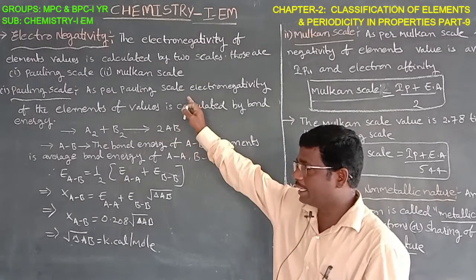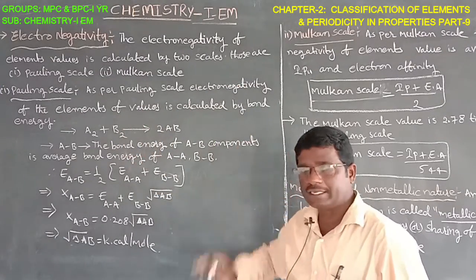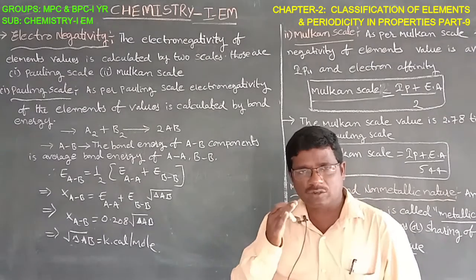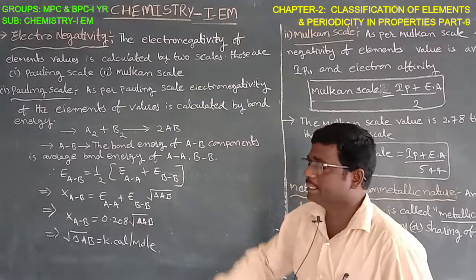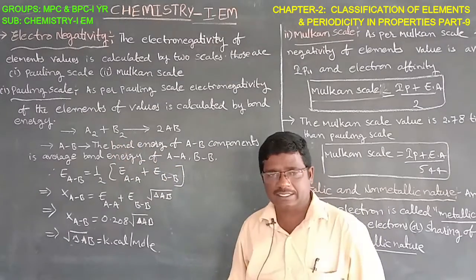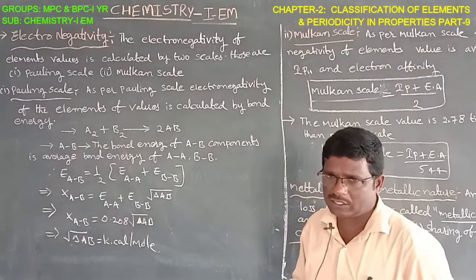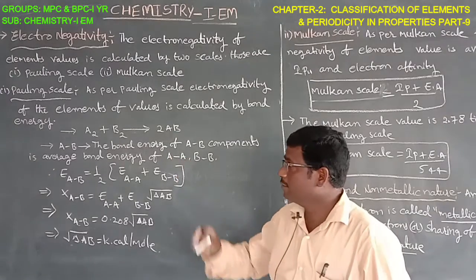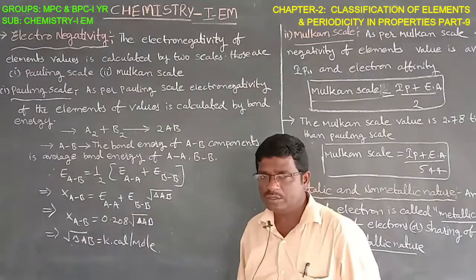As per the Pauling scale, the electronegativity values of the elements are calculated from the bond energy. Consider A2 plus B2, where A2 is a molecule that reacts with another molecule B2 to give 2AB.